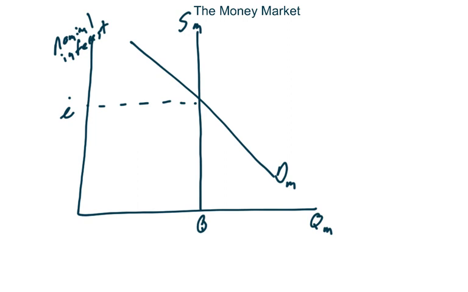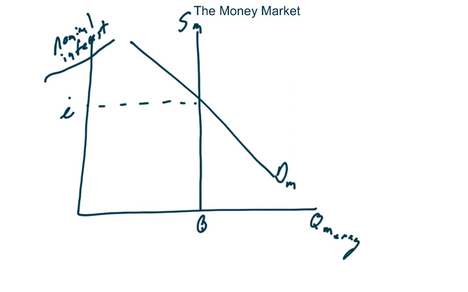All right, you can see this graph right here. On one side, we are measuring nominal interest rates, and on the other side, this is quantity of money. The vertical curve is the supply of money, while the diagonal downward sloping curve is the demand for money.